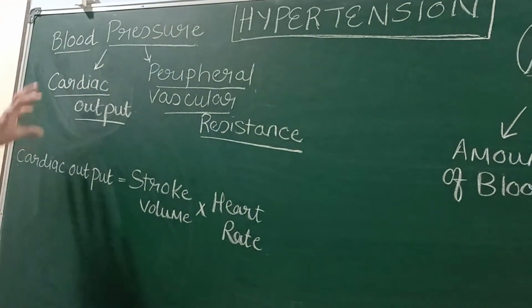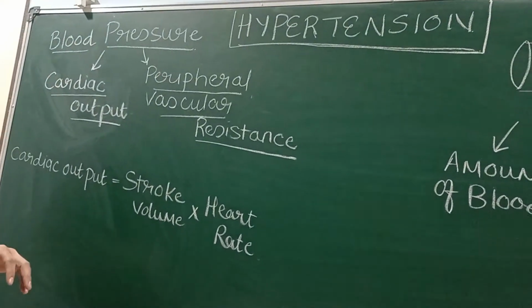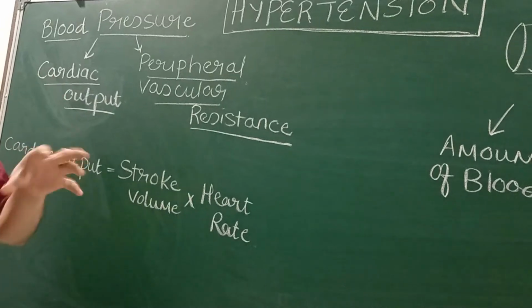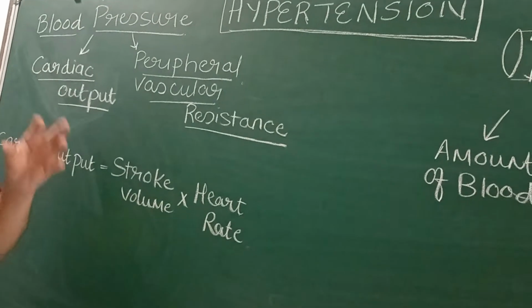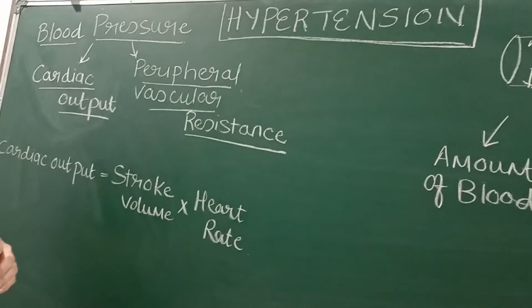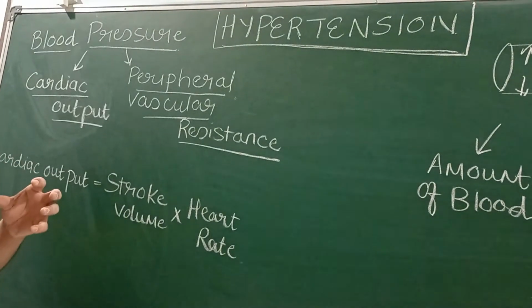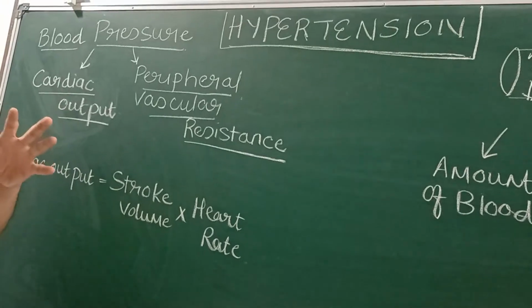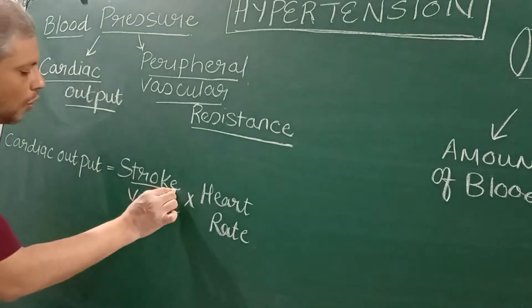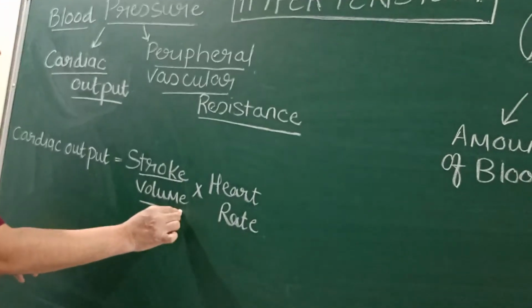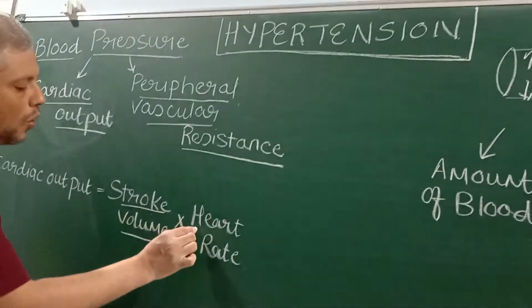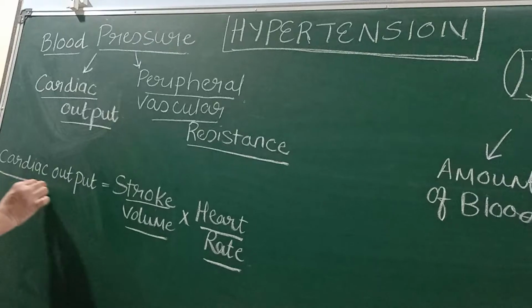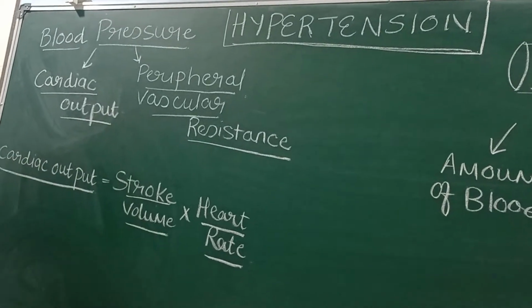Now, what is cardiac output? Cardiac output means the blood that is ejected out from the heart in 1 minute. And you all know that the blood that is ejected out with each contraction of the heart is known as the stroke volume. So if you multiply stroke volume with the heart rate, then you will get cardiac output.